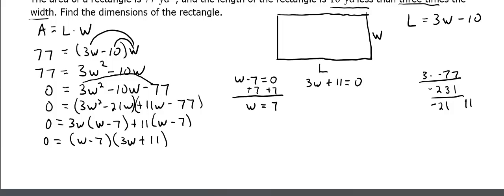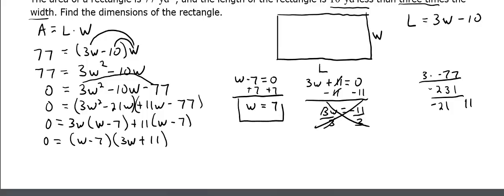For the second one, we're going to subtract 11 from both sides and then divide by 3. Now, since we're talking about measurement, our width cannot be negative 11 over 3. So our width would be positive 7 yards.